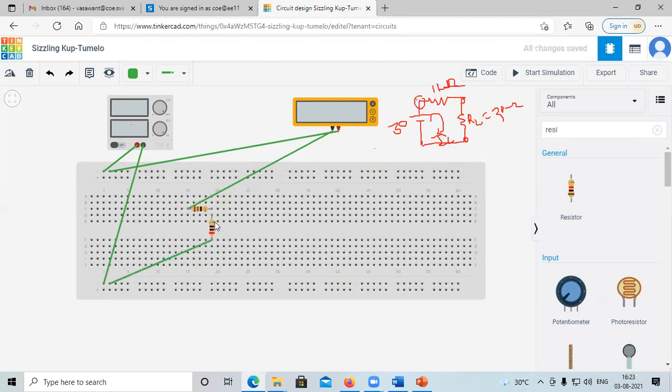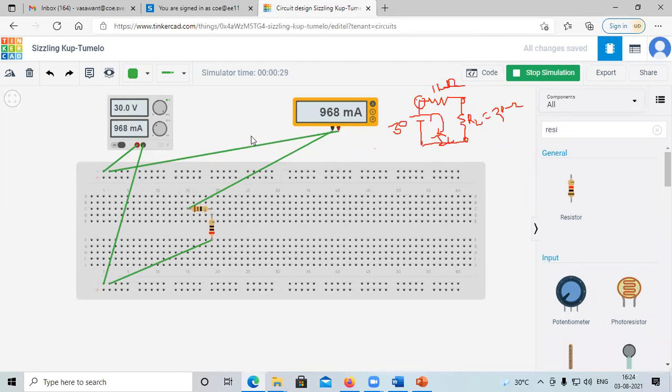Just start the simulation and see the result. 30 volt voltage, resistance 11 ohm, RL resistance 20 ohm, and the current flowing through this resistor is 968 milliampere, that is 0.968 ampere. Okay, getting?